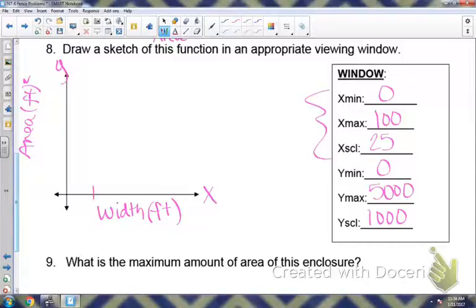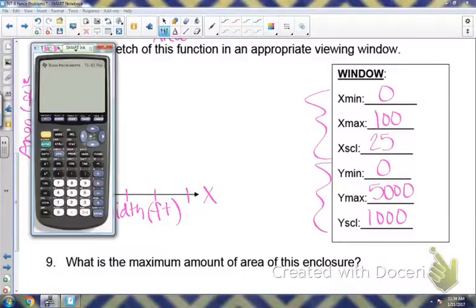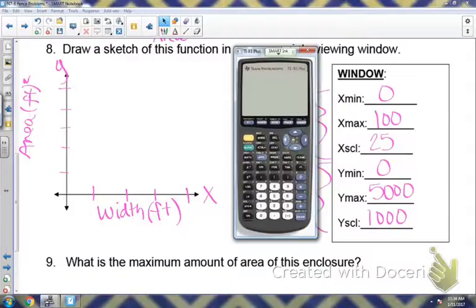So 25, 50, 75, 100. Our y is going from 0 to 5,000, increasing by 1,000. So 1,000, 2,000, 3,000, 4,000, 5,000. Okay? And we're going to sketch it by looking at our graph on the calculator. Doesn't have to be exact.